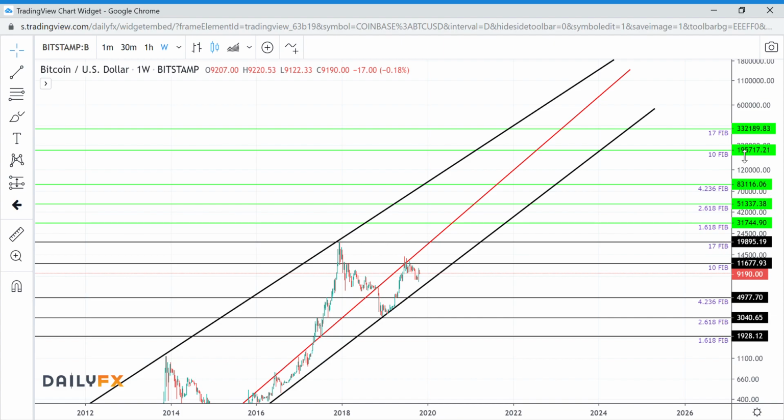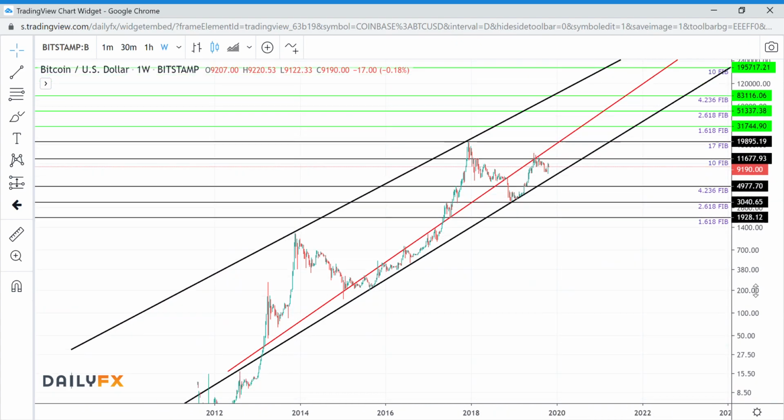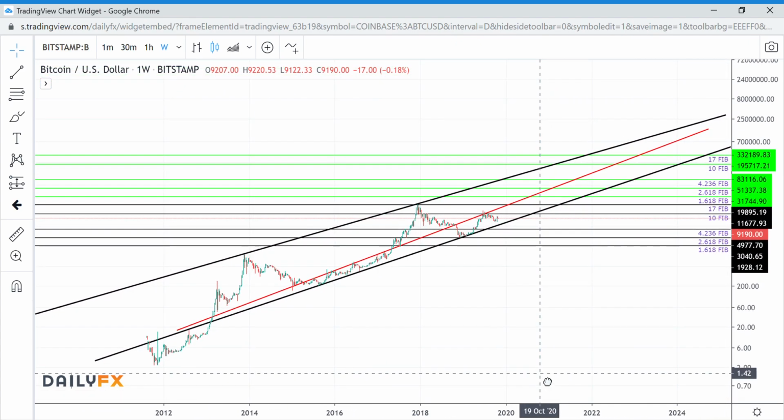We could even see 200,000. And this 17 fib level, this was the top of that bull market. That's at 332,000. So if Bitcoin does anything like it did in the past, which I'm not suggesting it will, the past doesn't repeat itself, but it does rhyme.